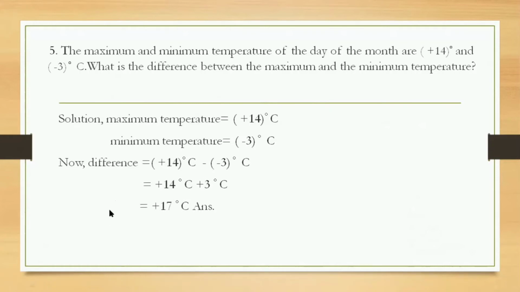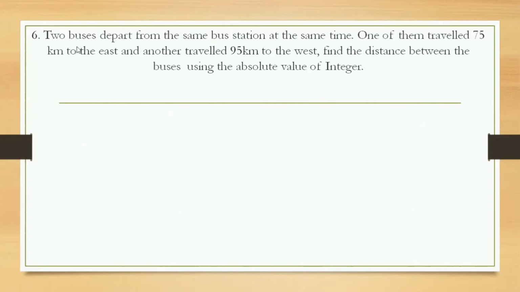Now look here. Two buses depart from the same bus station at the same time. One of them travels 75 kilometers to the east and another travels 95 kilometers to the west. Find the distance between the buses using the absolute value of the integer.